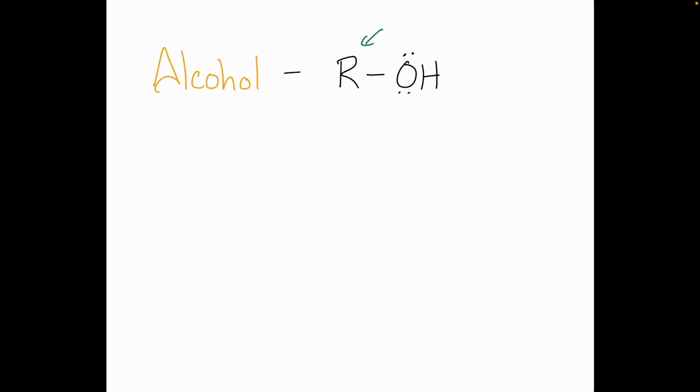This R simply means any number of carbons and hydrogens. So if you have an organic molecule, a bunch of carbons and hydrogens, and sticking off of one of those carbons is an OH group, we would call that an alcohol. An example of an alcohol would be ethanol, the molecule famous in beer and wine and other such alcoholic beverages.